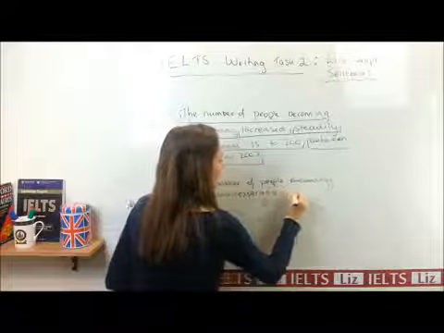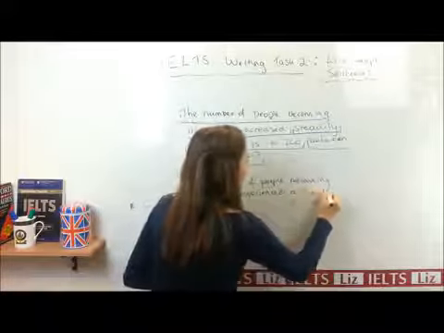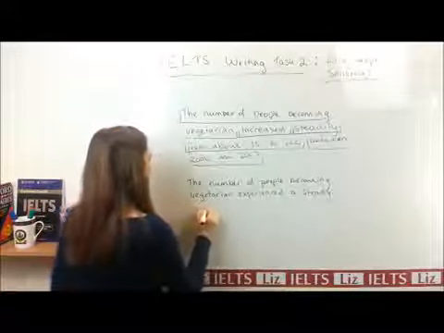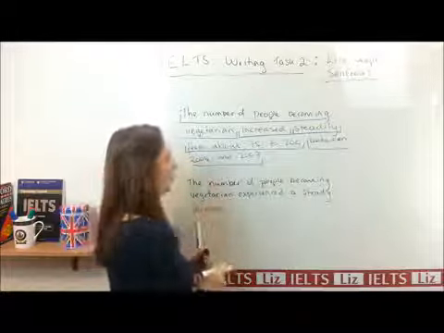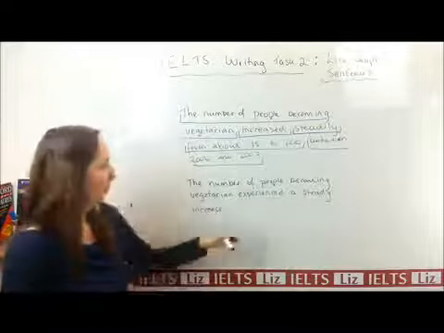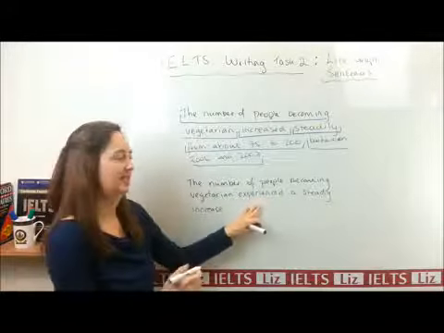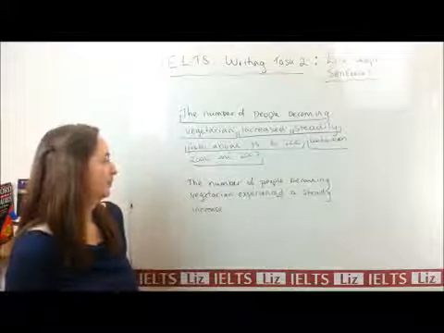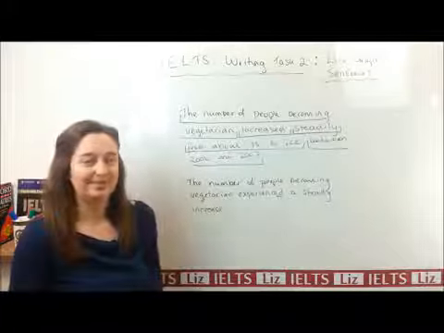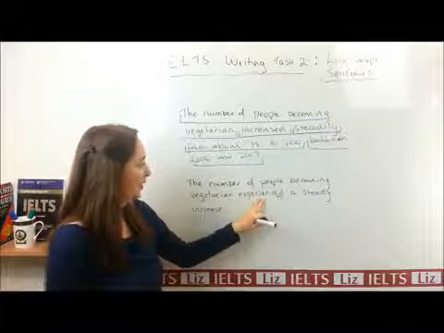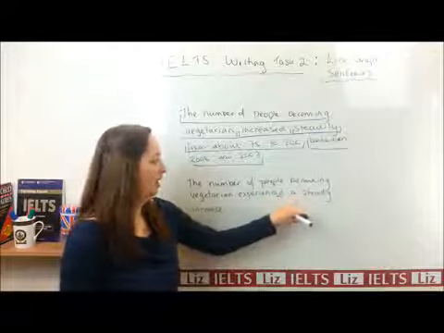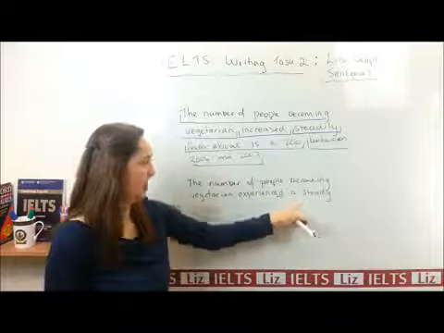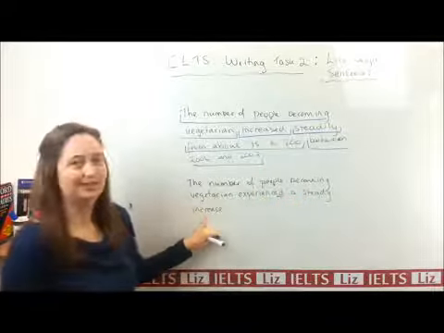experienced a steady increase. So with this sentence, we've got the verb experienced, the number experienced, the figure experienced. We could also say witnessed. And after the verb, we've got the noun. We've got a steady adjective, a steady increase.